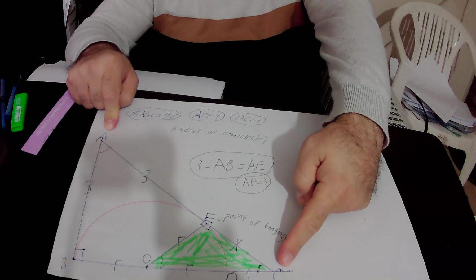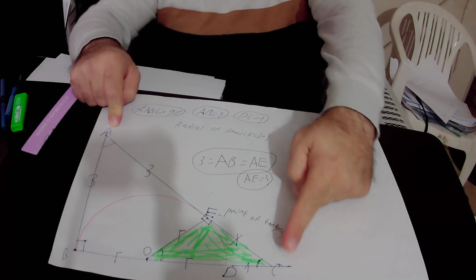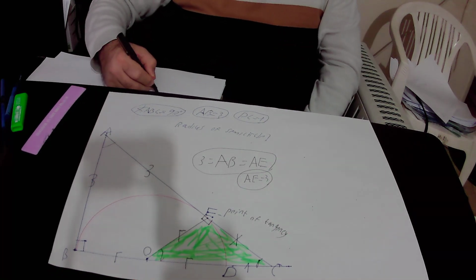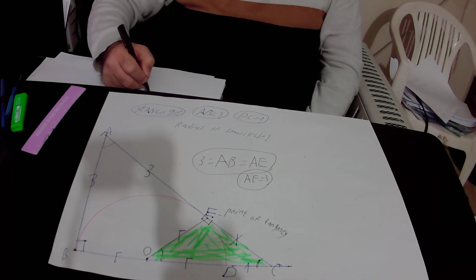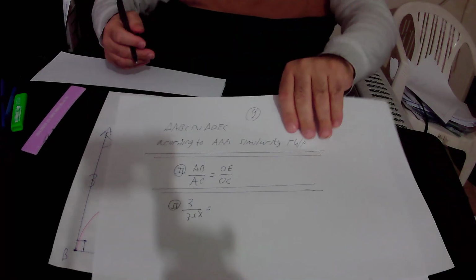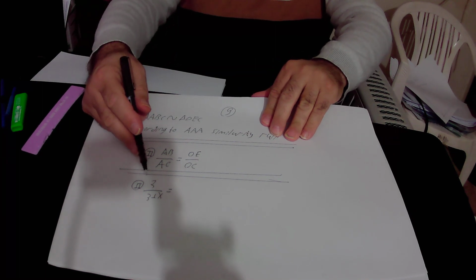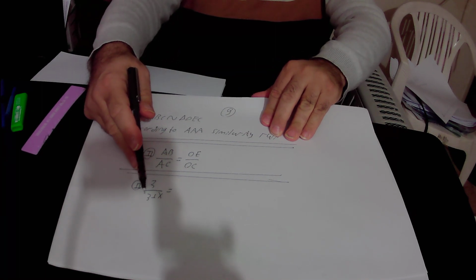AC equals 3 plus x. You can see from the drawing that AC equals 3 plus x. So in total, we found out that AB equals 3 units and AC equals 3 plus x units.